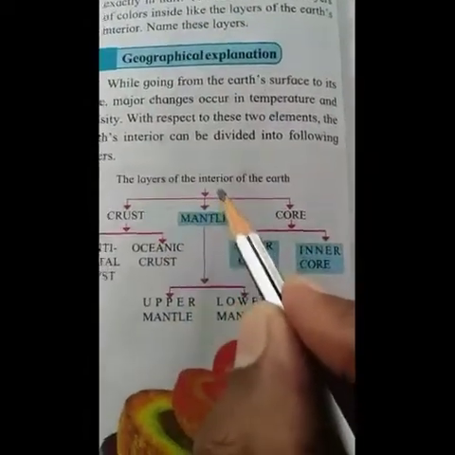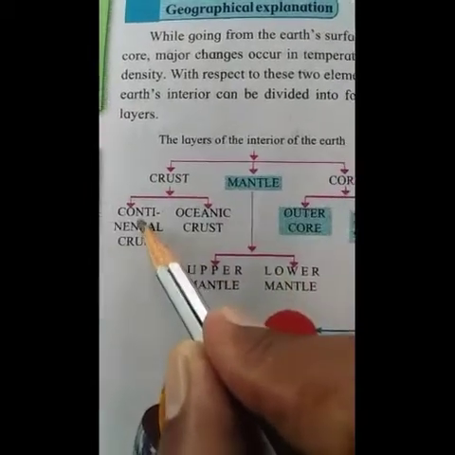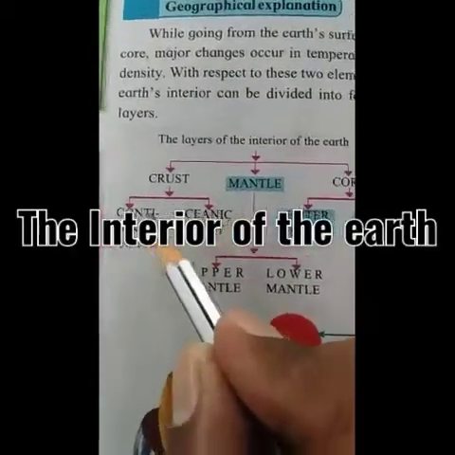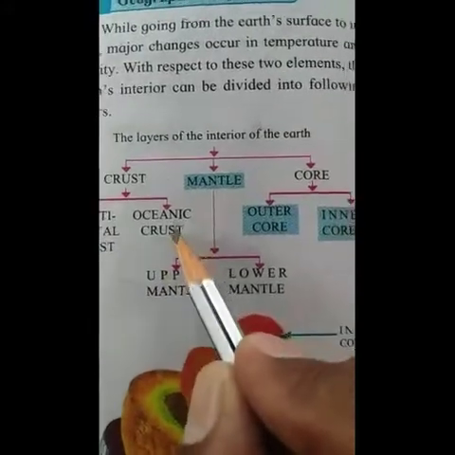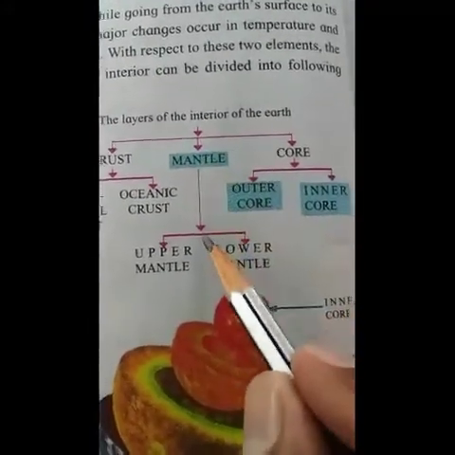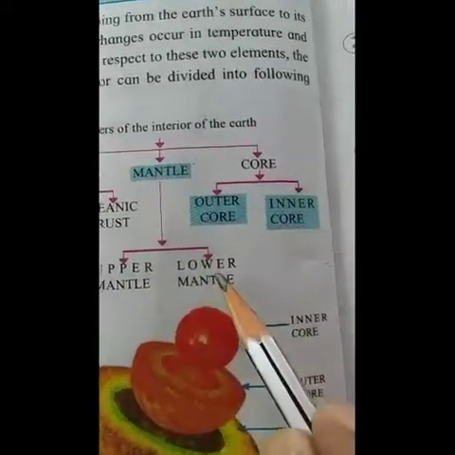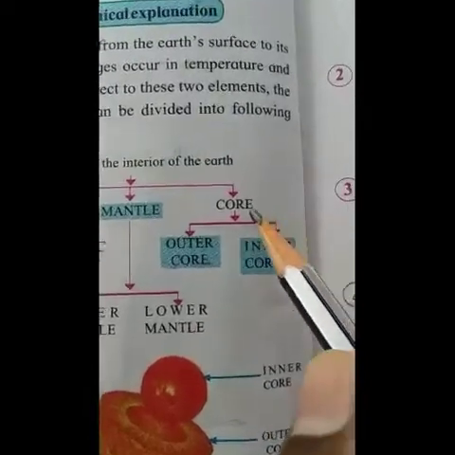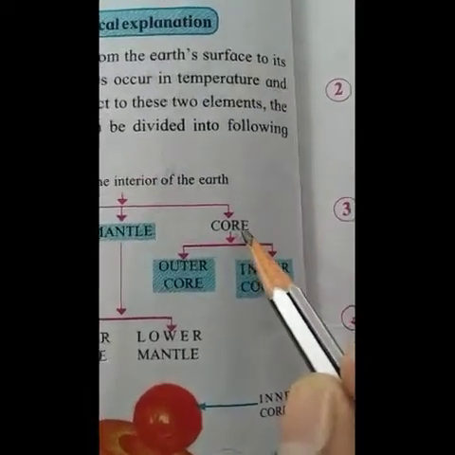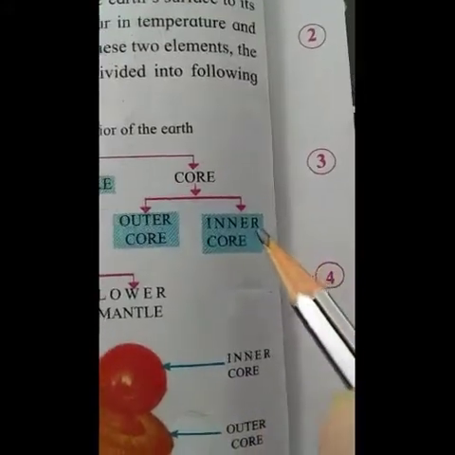The layers of the interior of the Earth. Crust. There are two types of crust: continental crust and oceanic crust. Mantle. There are two types of mantle: upper mantle and lower mantle. And core. Two types of core: outer core and inner core.